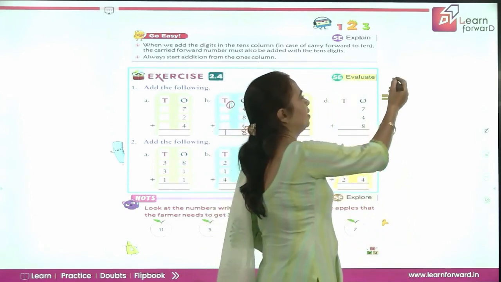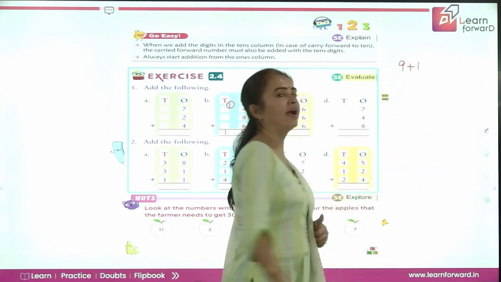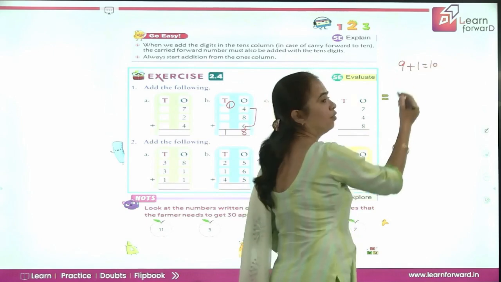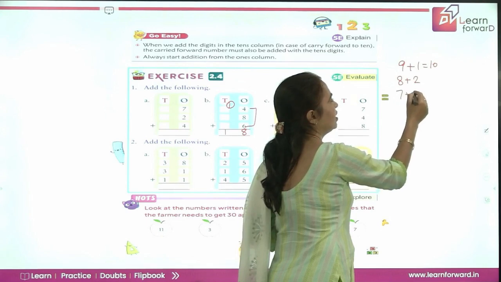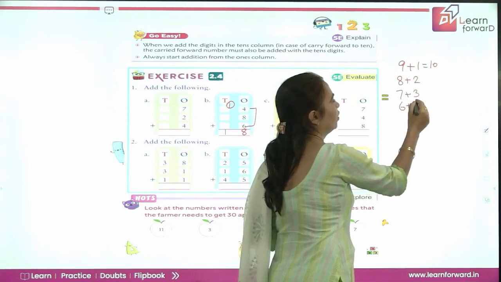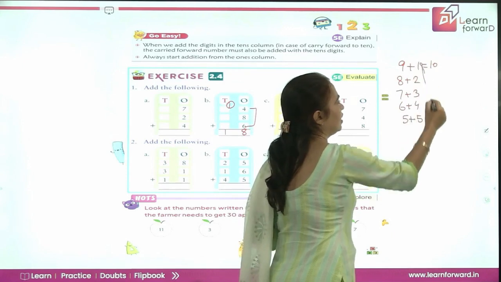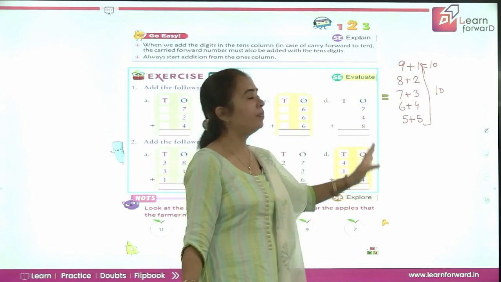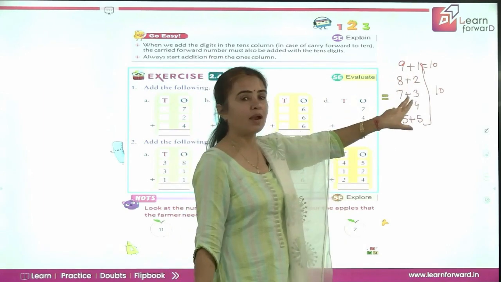You must remember that 9 with 1, wherever you find, they make 10. So 9 and 1 we can say they are big friends. Similarly, 8 and 2, 7 and 3, 6 and 4, and 5 and 5, they all make 10. So we can say these are big friends. 9 and 1 are big friends, 8 and 2, 7 and 3 are big friends.